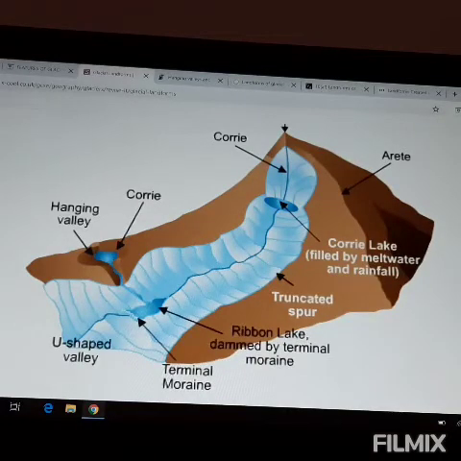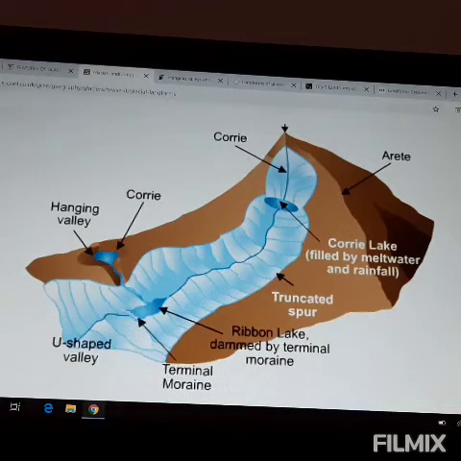This diagram explains much better. Here you find arete, the ridges formed by the glaciers, and corries, the hollows.